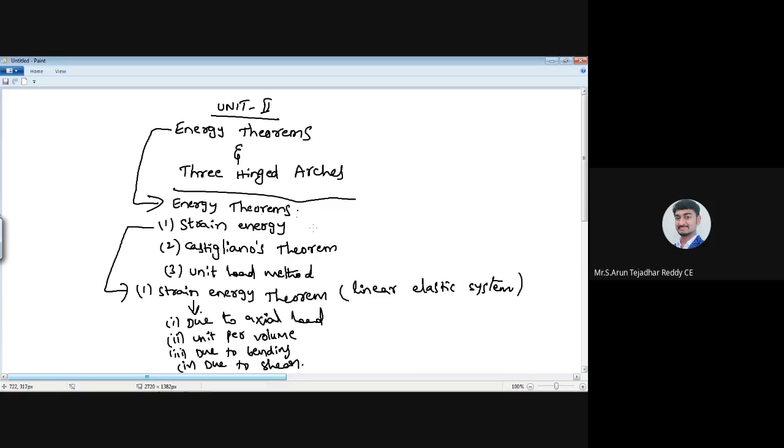So the main topic is strain energy in linear elastic system. Actually, these four are the derivations. We should derive the strain energy theorems under these four categories, and we have four different formulas here.